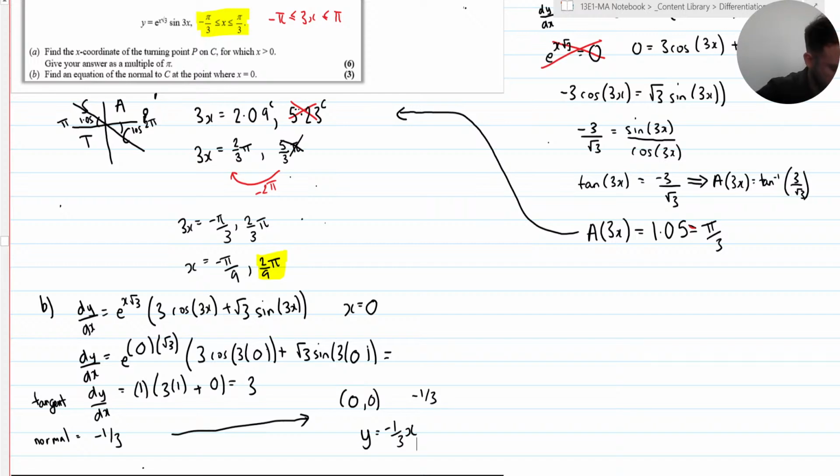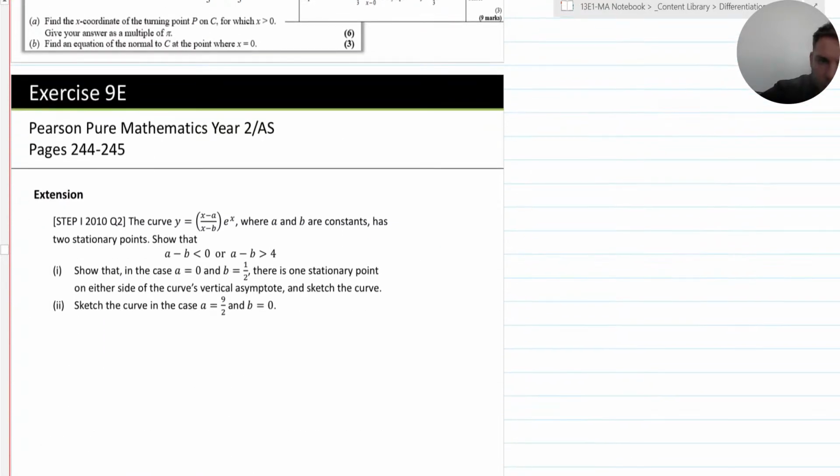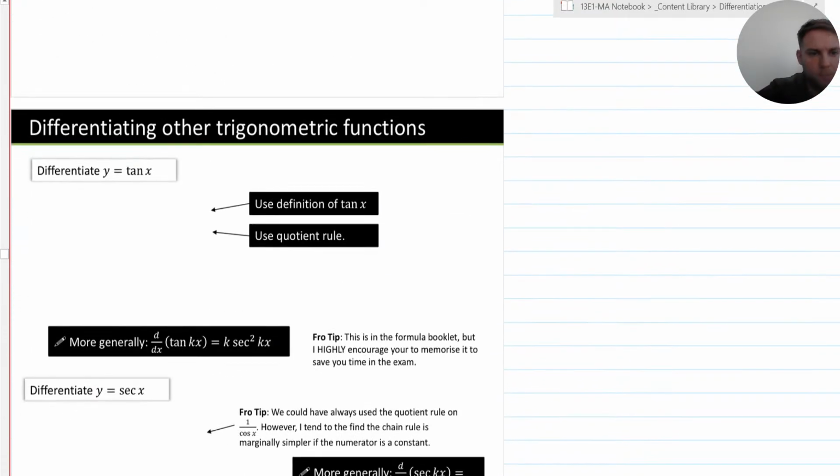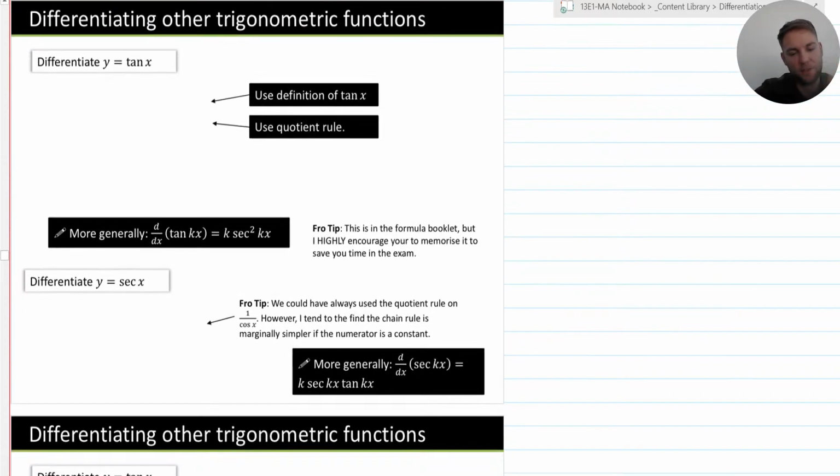So we've just had a go at those two. We're now going to have a look at taking that a little bit further, and we're going to look at differentiating trigonometric functions now. Okay?